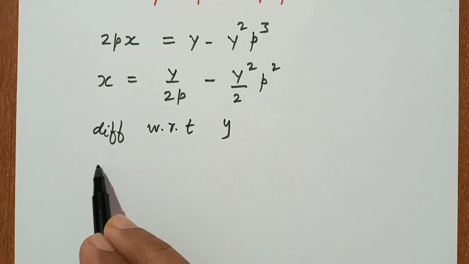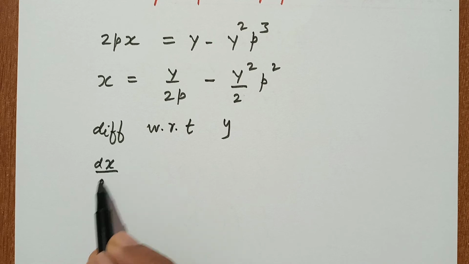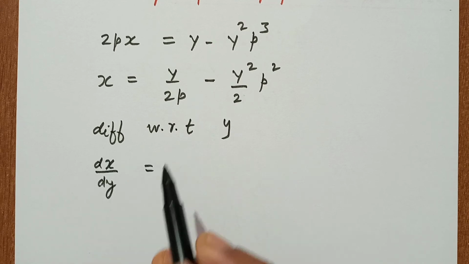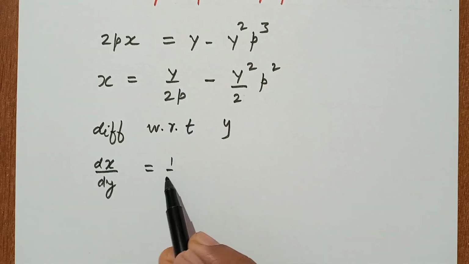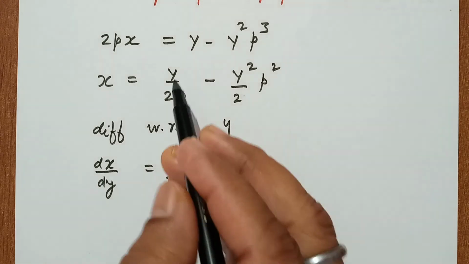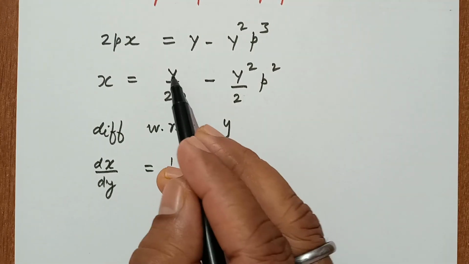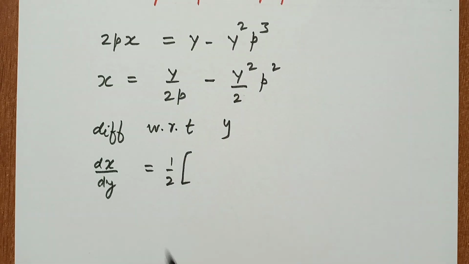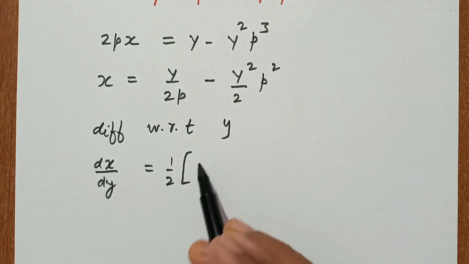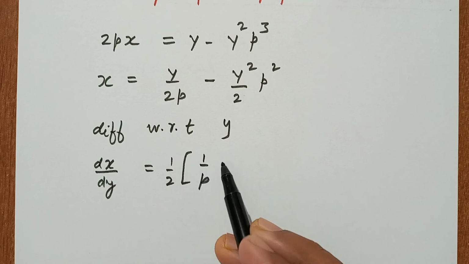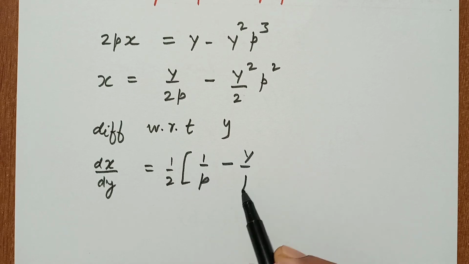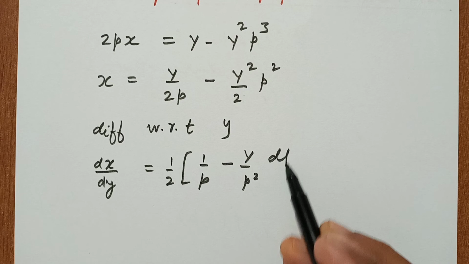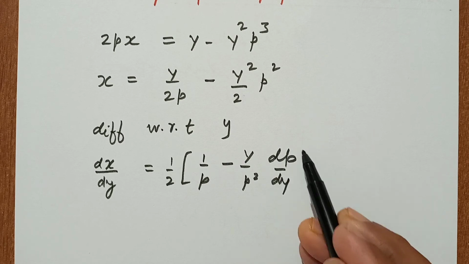So we get dx/dy = 1/2 [...] product of two functions. The differentiation of y is 1, so 1/p - (y/p²) dp/dy.